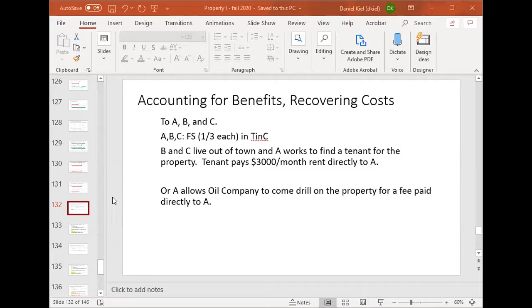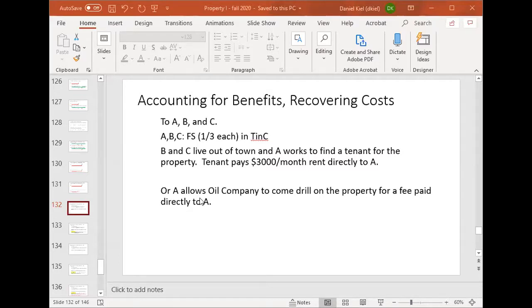So you see in both circumstances, A is getting the entirety of the payouts, right? One of these, the rent, is rent, and the other is called a profit from the land, okay? And so B and C might be thinking, hey, what's going on here? Hopefully there's some sort of agreement where A will pay the proportion that is due to B and C out, right?